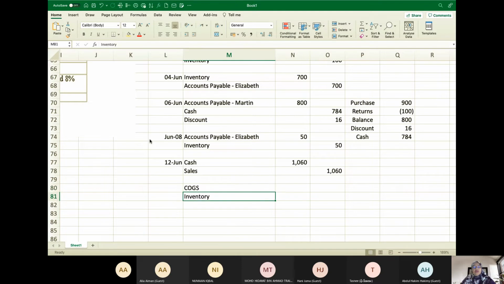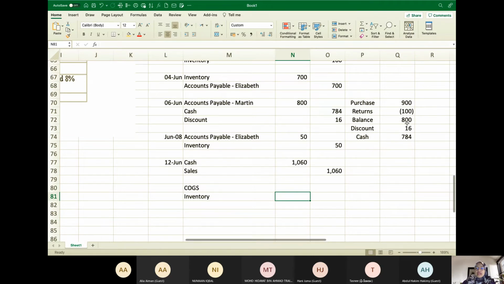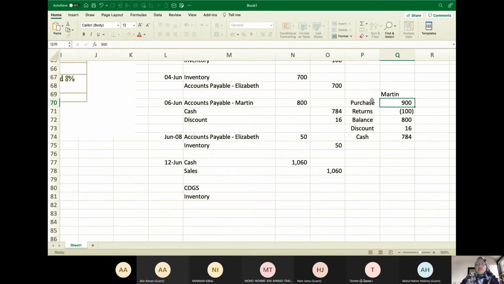So what is your inventory from Martin left? What's the cost of the inventory? The cost of the inventory is 800. This one is Martin. Remember that you first purchased 900 from Martin, then you returned 100, so the balance is 800. So you're going to debit your COGS 800 here, and credit inventory also 800.